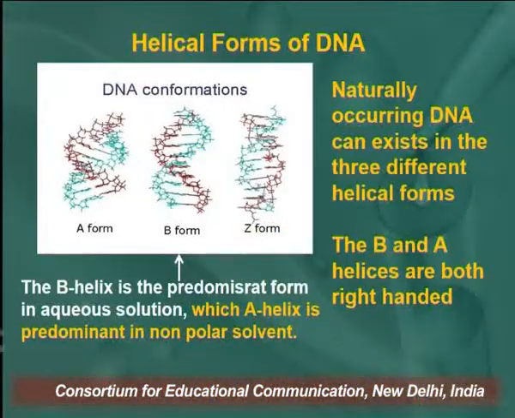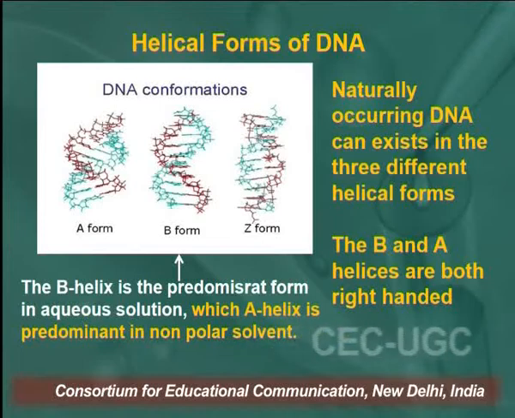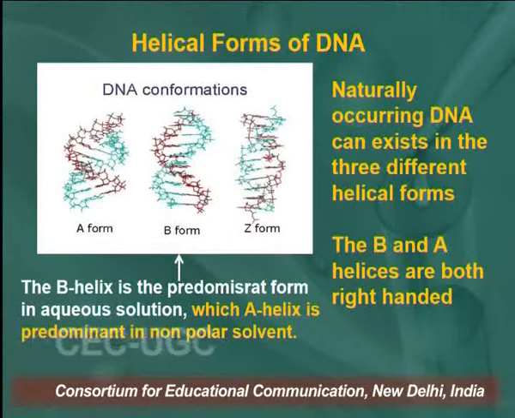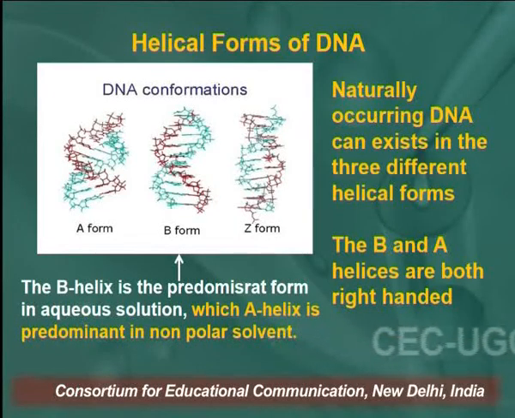If we talk about the helical structure of DNA, naturally occurring DNA molecules can exist in three different types of helical form. On your screen you can see the A helical form, B helical form and Z helical form. The B helix is the predominant form in aqueous solution, while the A helix is predominant in non-polar solution.